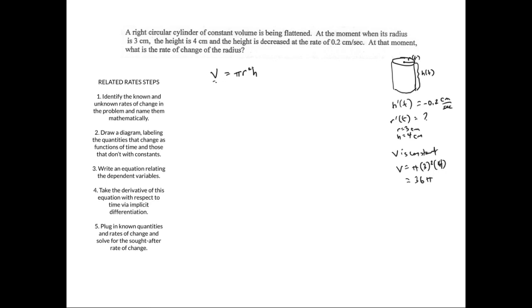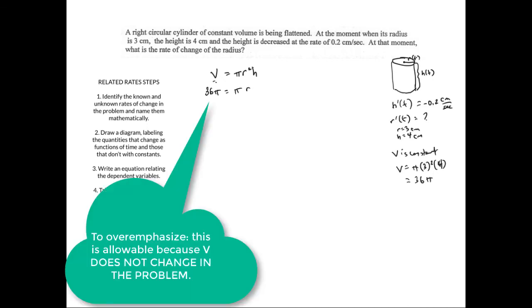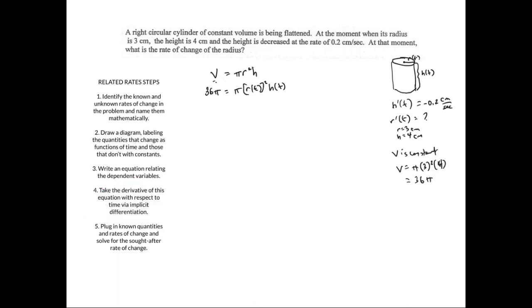So when I plug this into the equation, and I'm trying to write the relationship here, instead of leaving that as a V, because it's constant, I'm going to replace it with the constant. Now r is a function of time, so I'll rewrite that, and h is a function of time as well. I'm going to do a little simplification, except I'm going to write that a little more clearly. And this is a relationship between r and h.